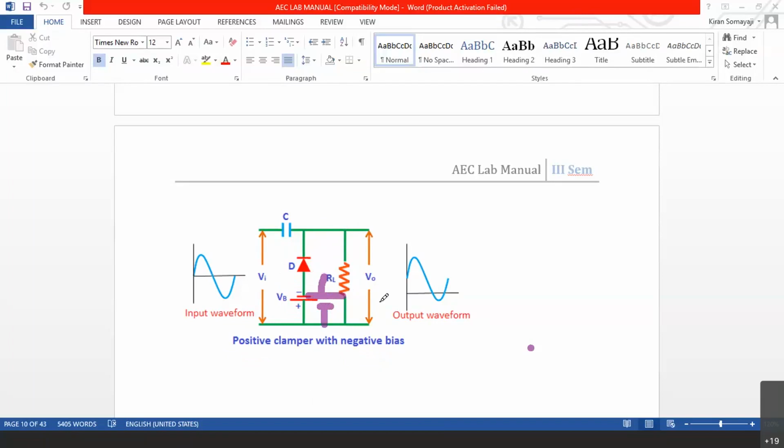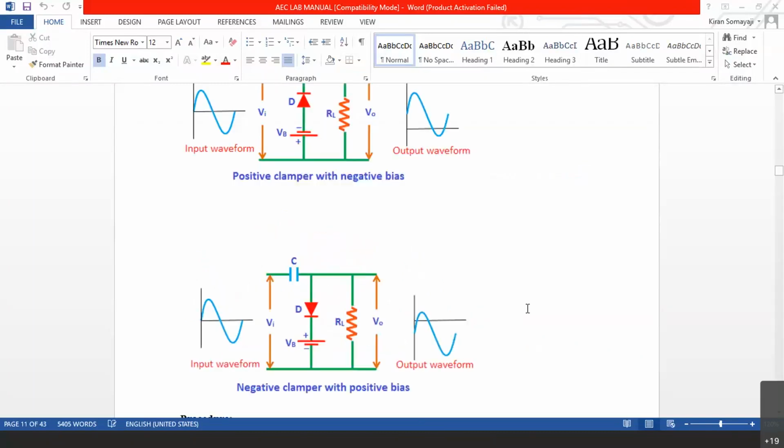That's all. So this will not become a clamper. That is why a positive clamper is always with the negative bias. Now we want to have a negative clamper, so automatically we should have positive bias. So our next circuit is negative clamper with positive bias.